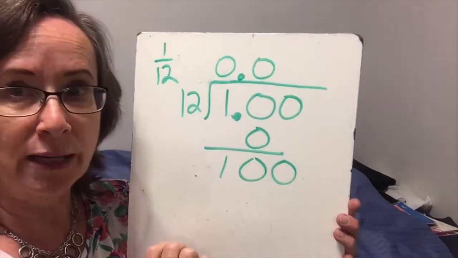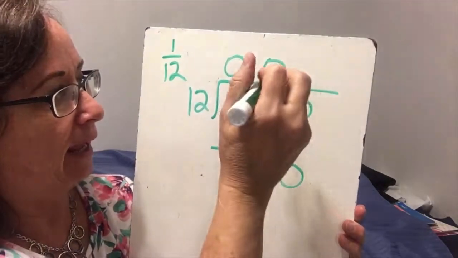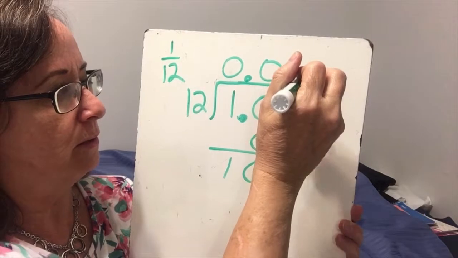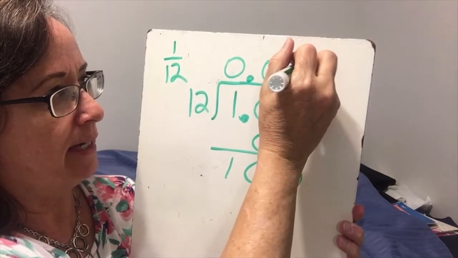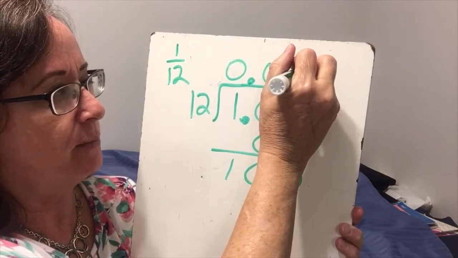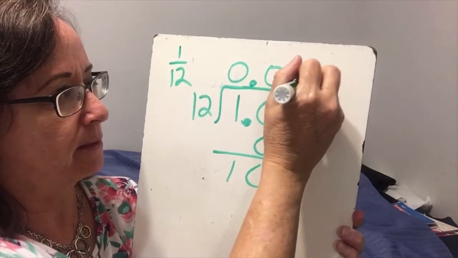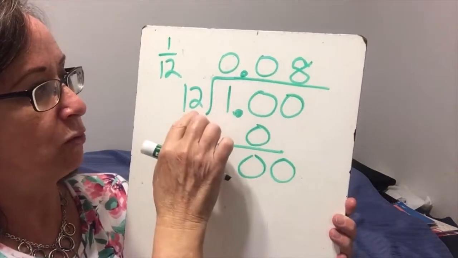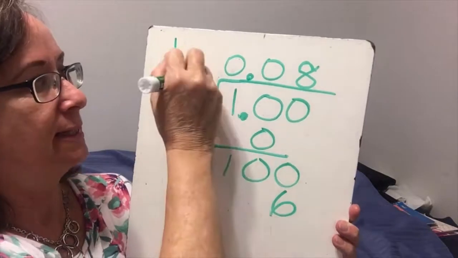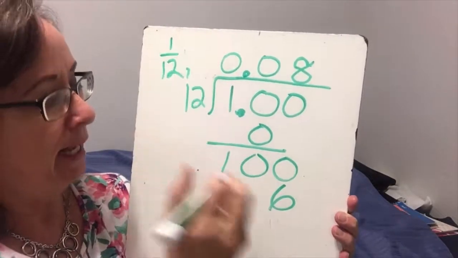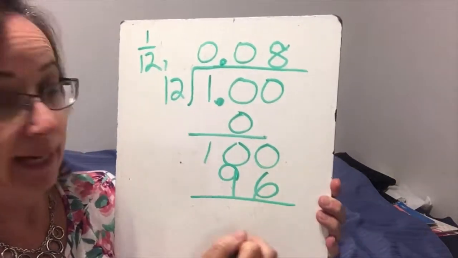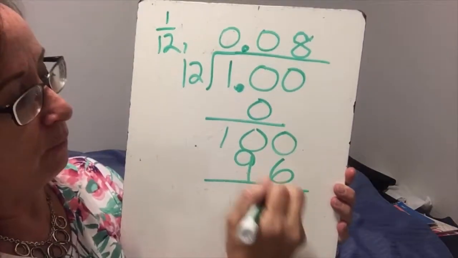And 12 into 100 does work. And that's going to go 8 times. 8 times 12 is 96. I had to think about that one a little bit.